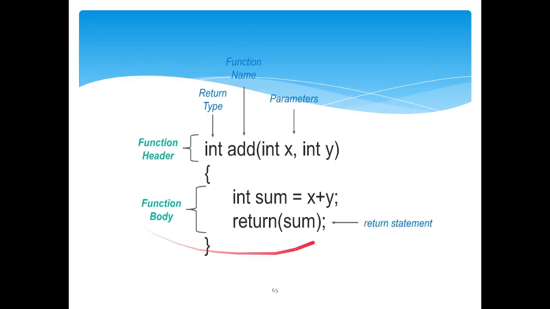You can check an example program here. This is int add, arguments are int x and int y. Function name is add, and int is the return type, followed by the parameters or arguments. This is called the function definition because you are having braces.